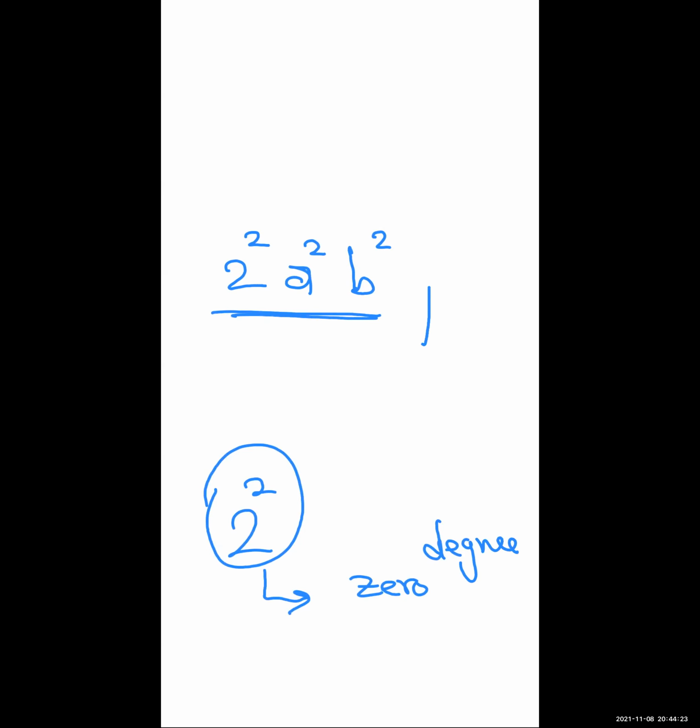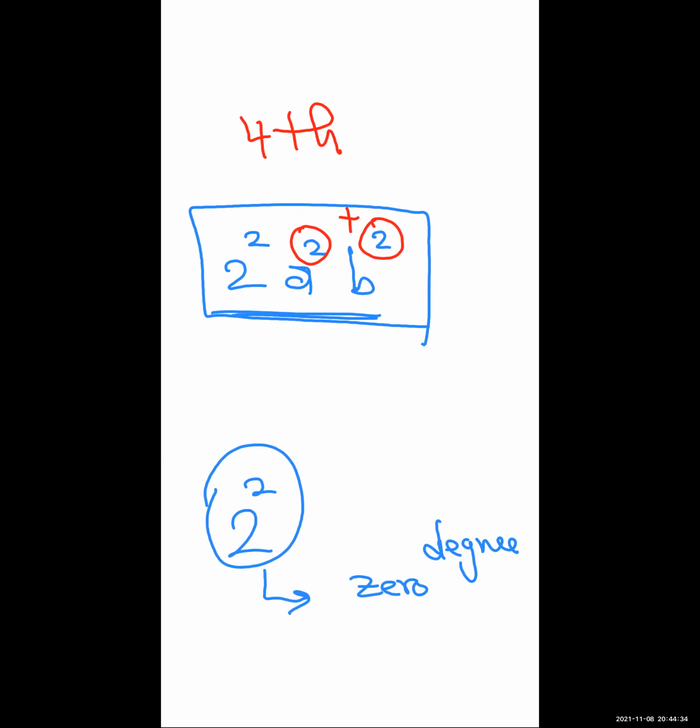But if the term is like this, 2 squared, a power 2, b power 2, at which degree? Fourth degree. I don't care about the number. Okay? Clear?